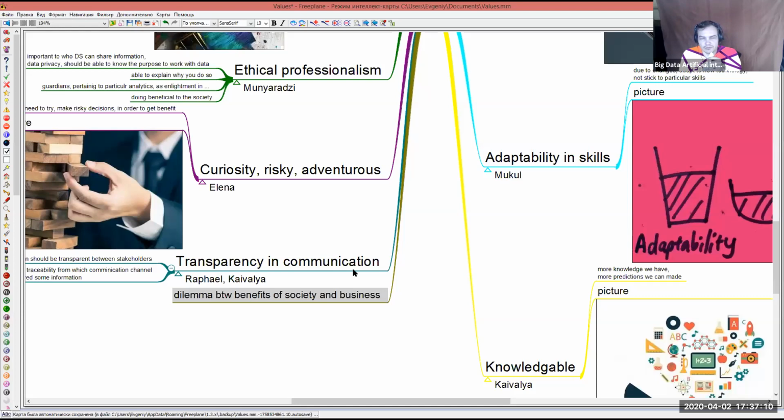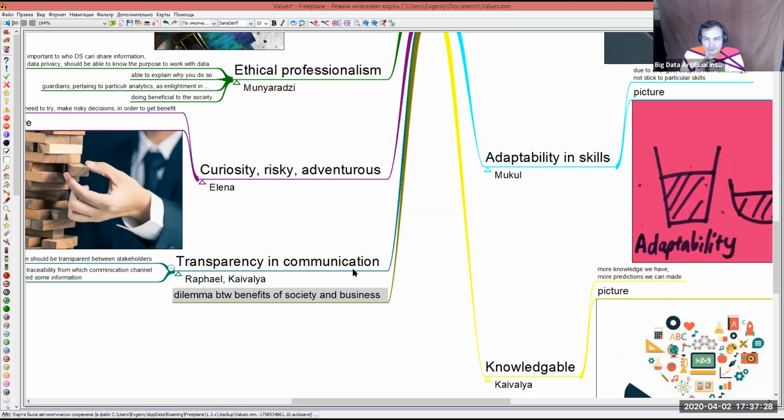And so what is more valuable for us? It can come to the level of values.